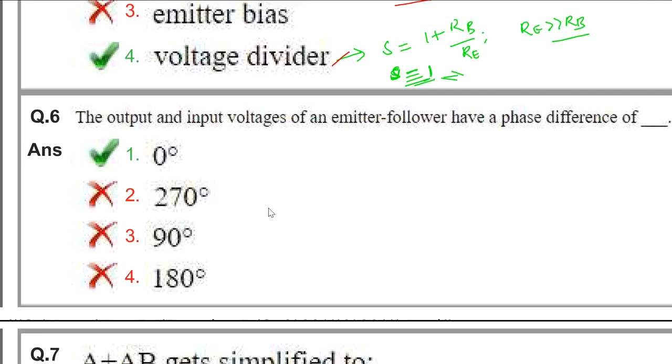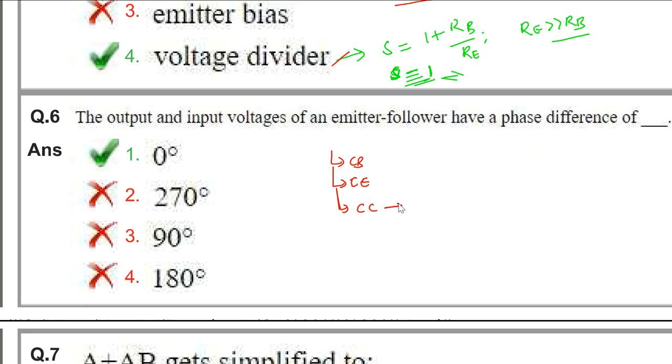Next one. The output and input voltages of an emitter follower have a phase difference of. Generally we have three configurations: CB configuration, CE configuration, and CC configuration.